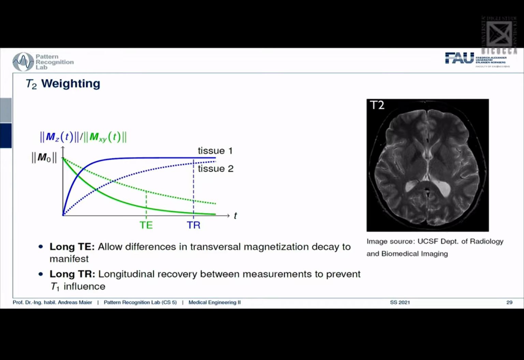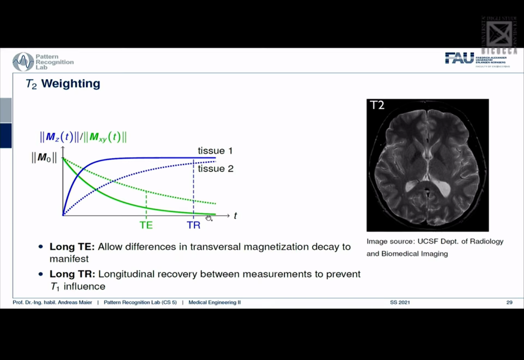It won't be much longer, because they are all in a range between 20 and 60 milliseconds, not 10 to 1000. And in this way, you can see your image is influenced a lot by the T2, but not much by T1.